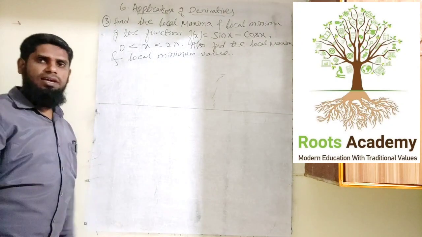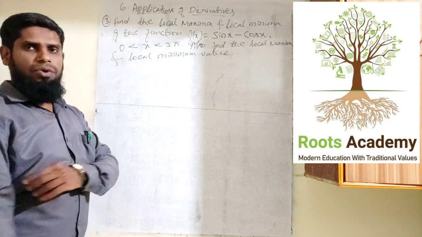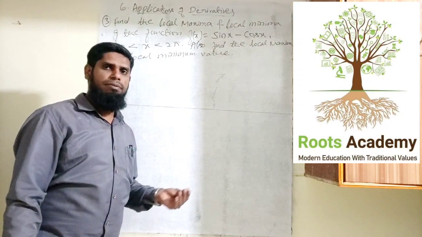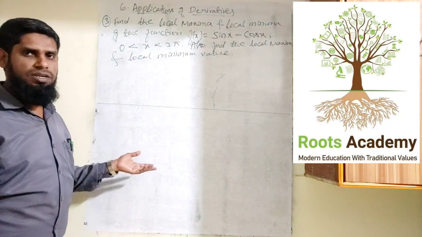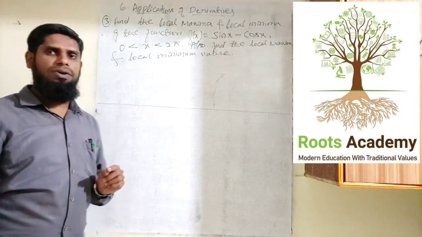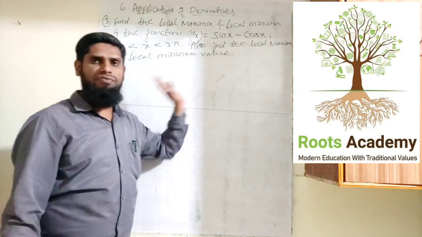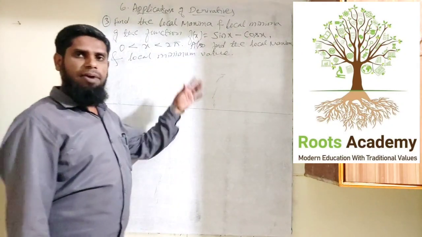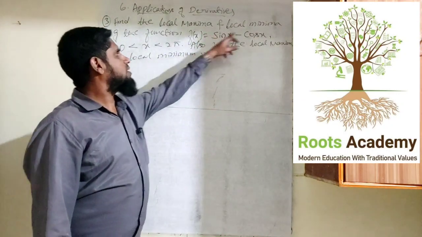So student, obviously as we discussed in the last video, wherever we get a maximum, that itself gives the maximum value of the function. Wherever we get a minimum, at that particular point we get the minimum value of the function. No doubt about it. So let us try to find the maximum and minimum value of this function.